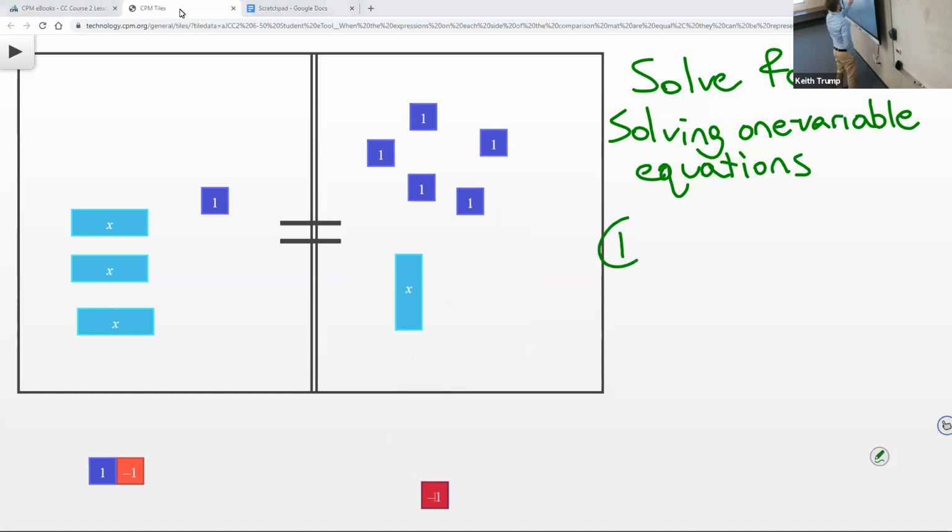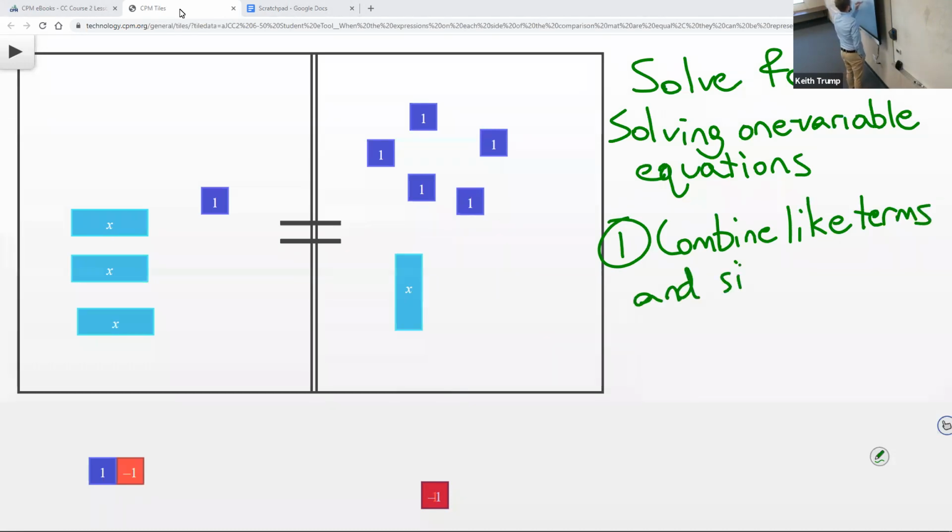But now it's time for us to learn the rules of solving for x. The first step is to combine like terms and simplify. And I think we did combine like terms, right? And simplified on each side.